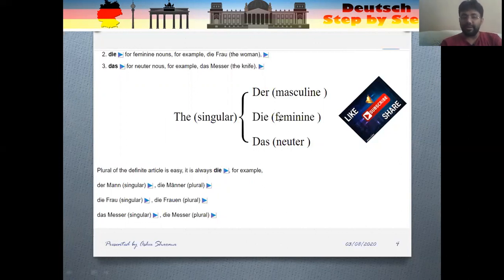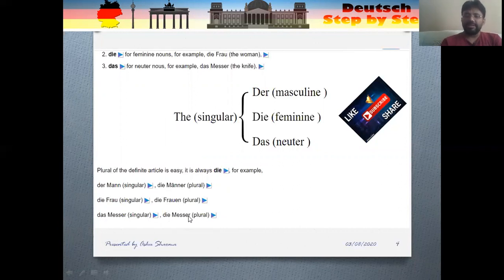So here in the feminine, we have this en as a suffix that we have added, and in Mann this is die Männer, and das Messer, die Messer. So this R is a little bit silent.